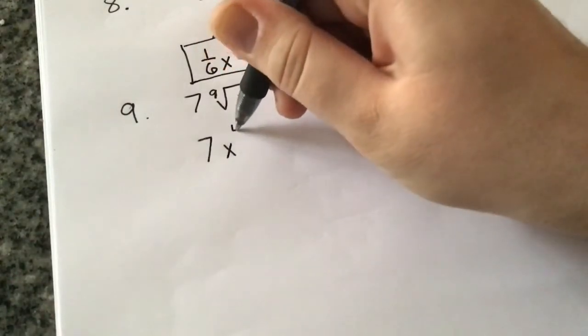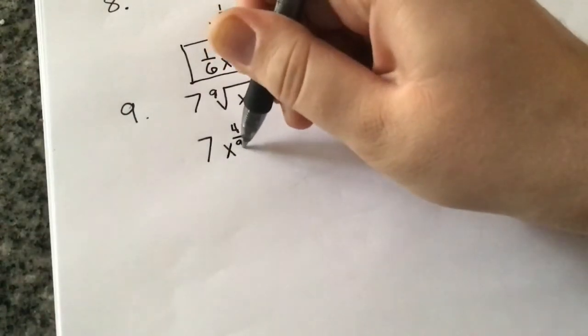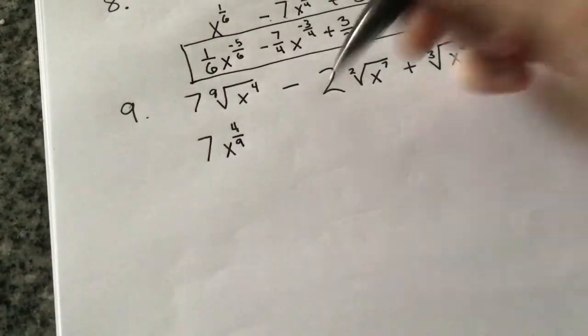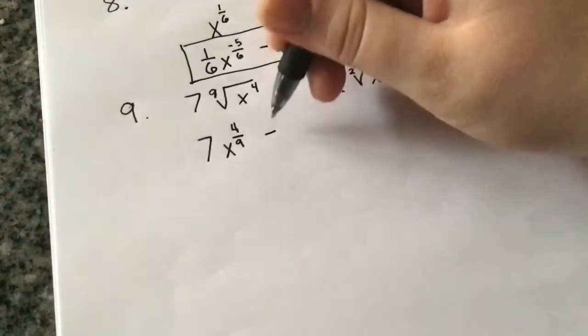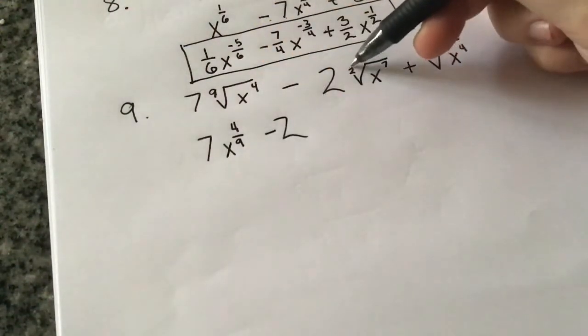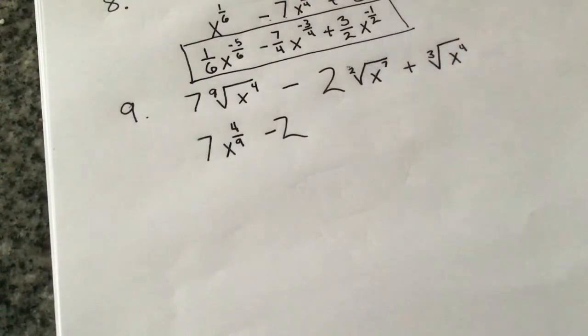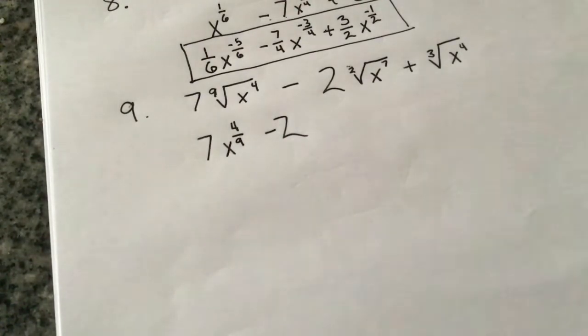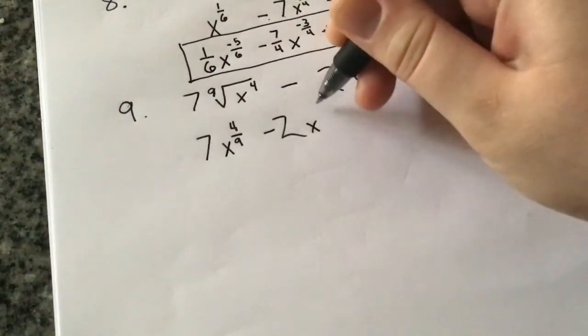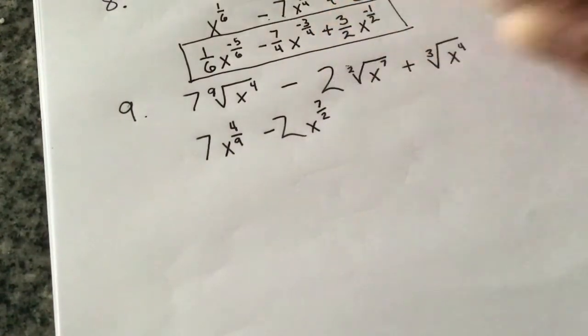So that's going to be x to the 4/9 power. Then here we have minus 2, and then I'm going to be honest, I don't know why the worksheet has a 2 right there, because as we said in the last problem, if there's nothing there, you just presume it's a 2, so we didn't need to write that, but for whatever reason they did. And we get x to the 7/2 power.